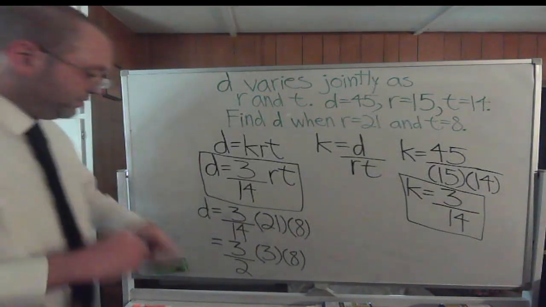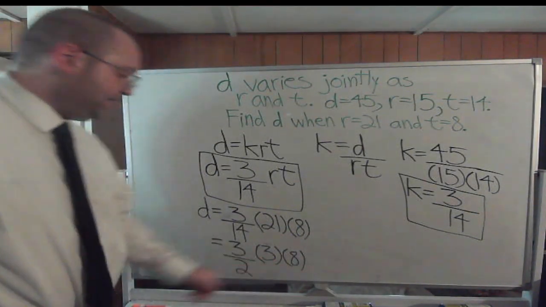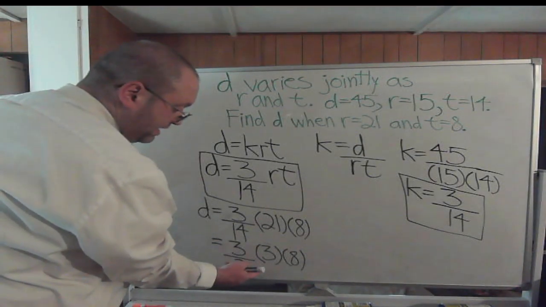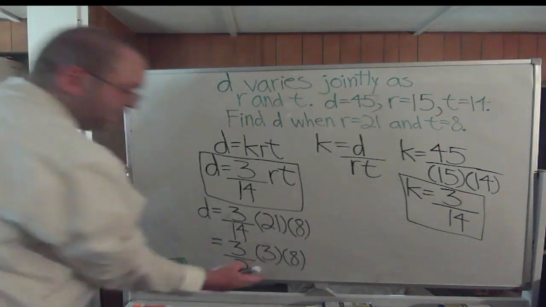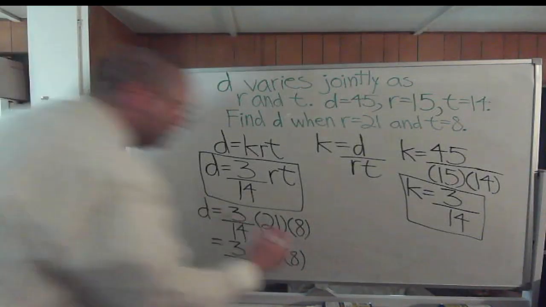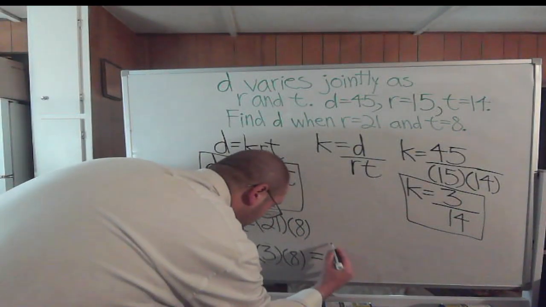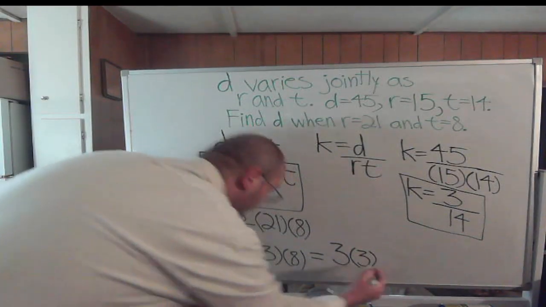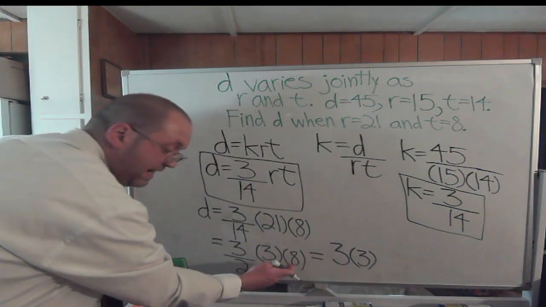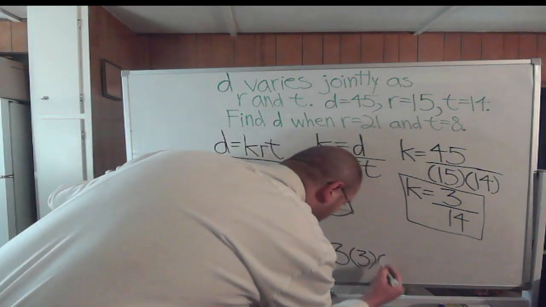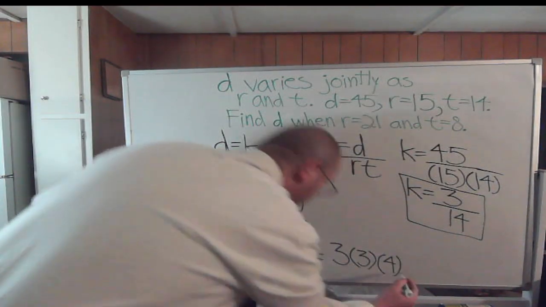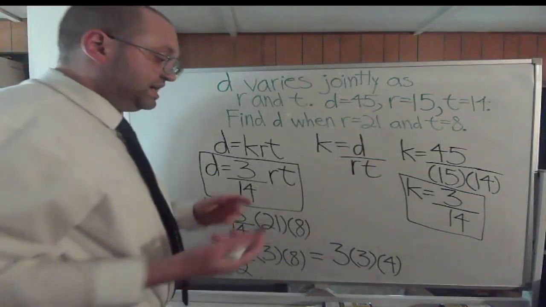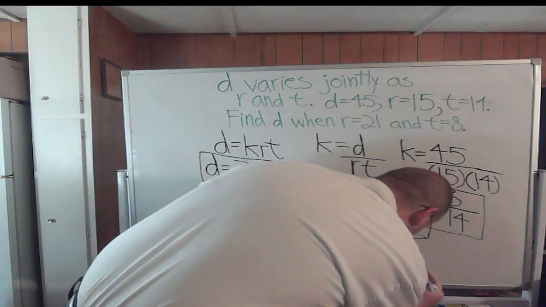So now you have 3/2 times 3 times 8. Well, between the numerator and denominator, the 2 will cancel out if we divide by 2. So what you'll have is 3 times 3 times, now if you divide 8 by 2 in the numerator, you get 4. So what you'll end up having left is 3 times 3 times 4, which is 9 times 4, so 36.